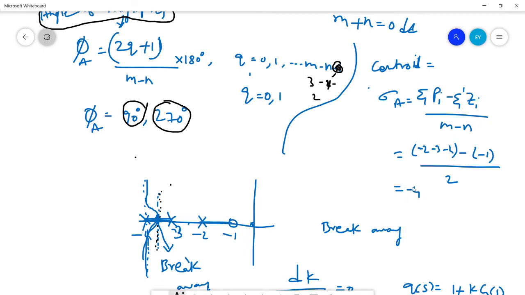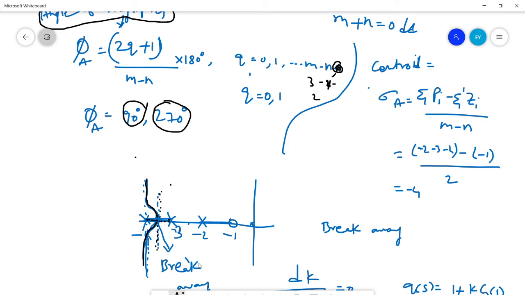At the centroid point it will be diverging. As we mentioned, the plots from the poles will start, and somewhere it should deviate, right? Wherever it deviates, it will follow the path with respect to the centroid. So this is how we get it using the centroid.